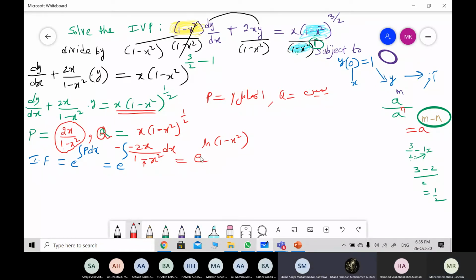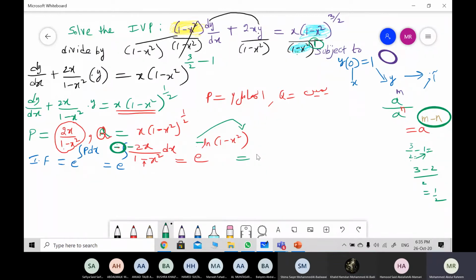Do you understand or not? Yes. This is because the derivative of 1 minus x squared is minus 2x, but there is no minus here. That's why we write minus. So we know this minus will jump here always with ln.